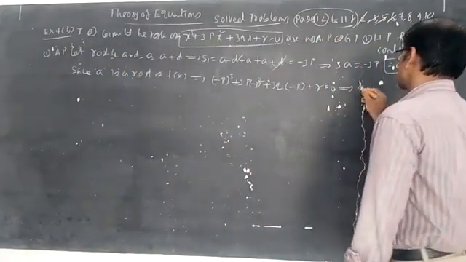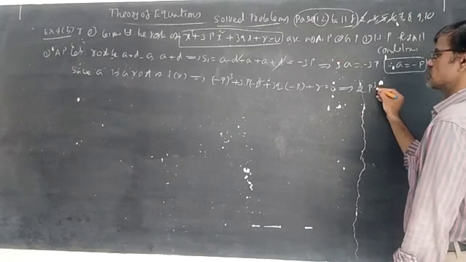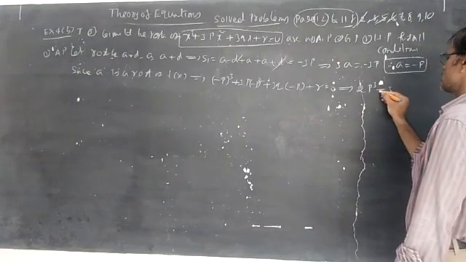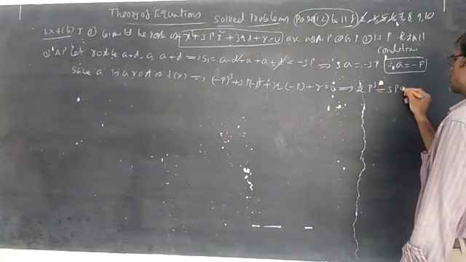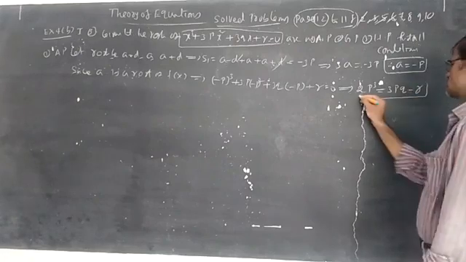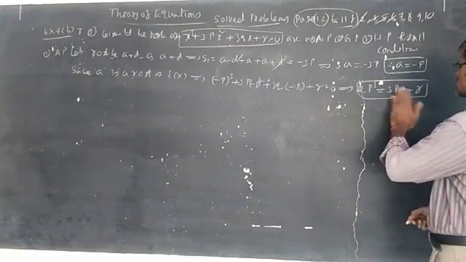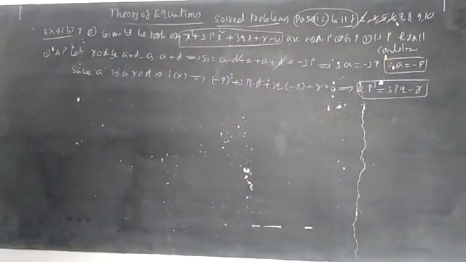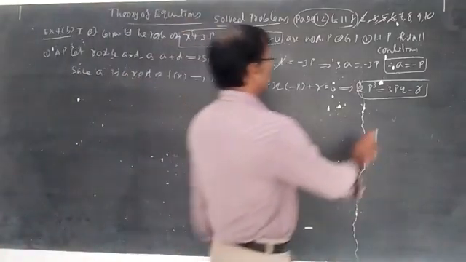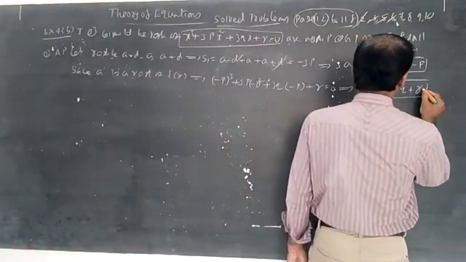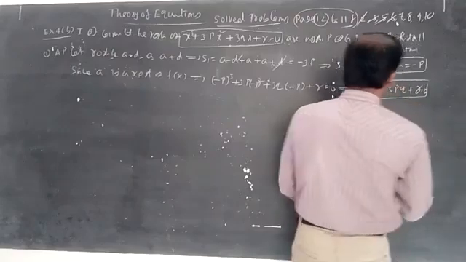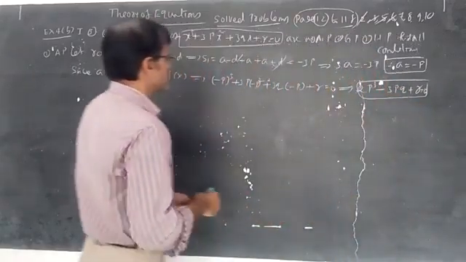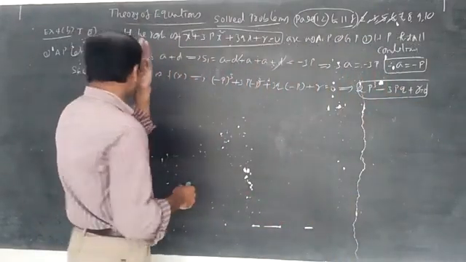That implies the required condition you can write: 2p cube minus 3pq plus r is equal to 0. That is the given formula. Like this: 2p cube minus 3pq plus r equal to 0.